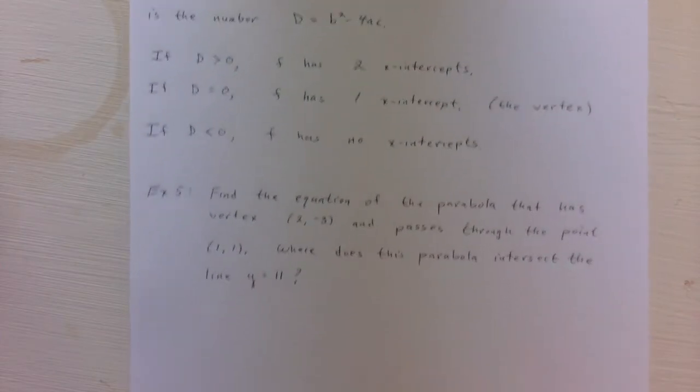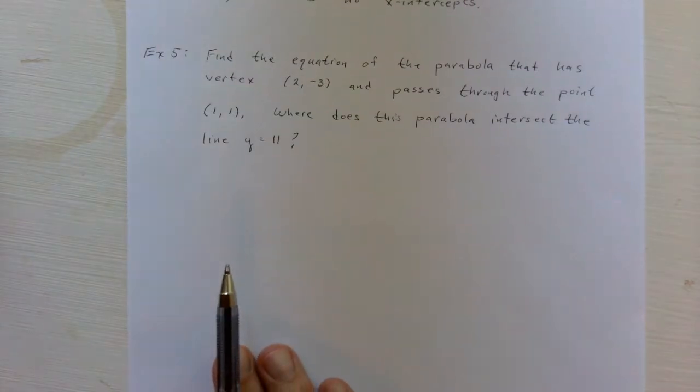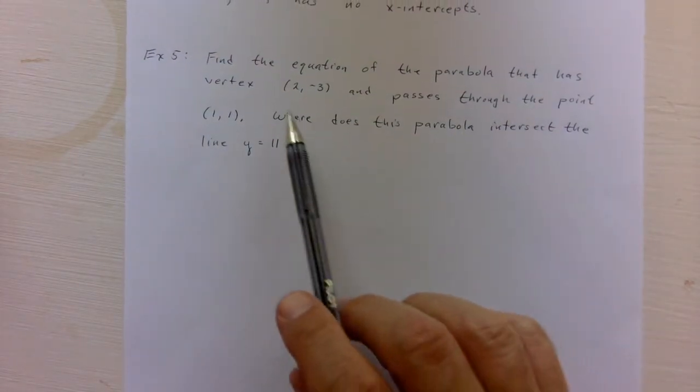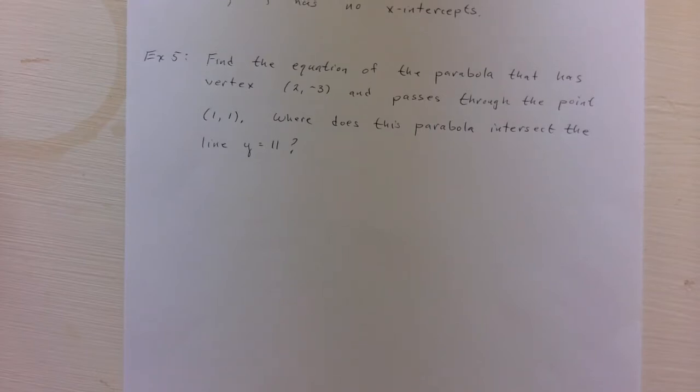I want to wrap up with this last example. Just like you can determine the equation of a line given 2 points, you can determine the equation of a parabola if you're given a vertex and any other point. In this example, they're asking you to find the equation of a parabola that has the vertex (2, negative 3) and passes through the point (1, 1).